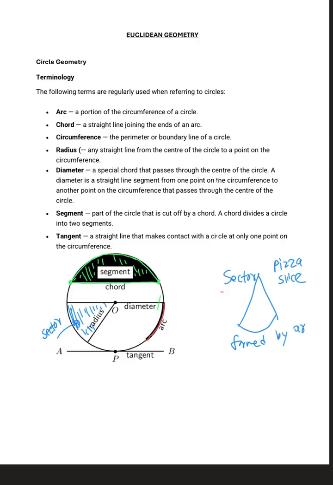An arc and two radii. So you can see that here we have a radius, we have a radius, and then we have an arc. So two radii and an arc form what we know as a sector. So these are the definitions that we needed to know, and now we can get into it.